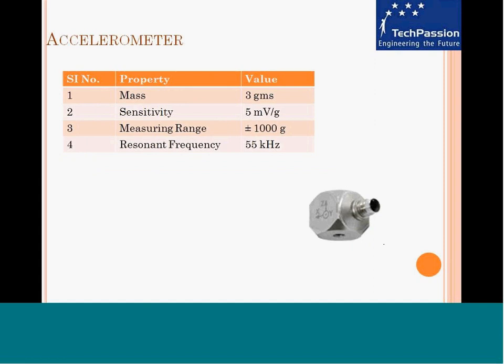When you take the component and you give an impact with the hammer, the component vibrates, and the vibration response is measured using an accelerometer. And the accelerometer weighs about 3 grams, and it has a sensitivity of 5 millivolts per G. The measuring range is nearly 1000 G, and resonant frequency of 55 kilohertz.